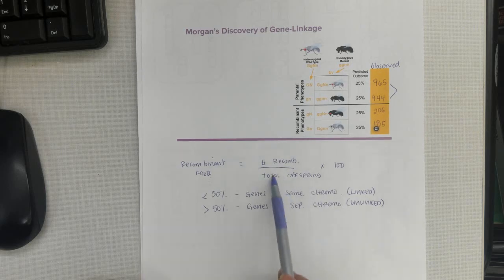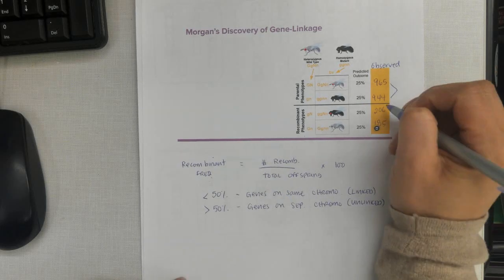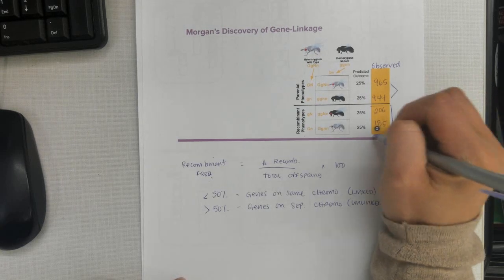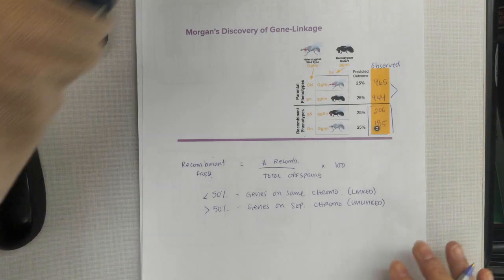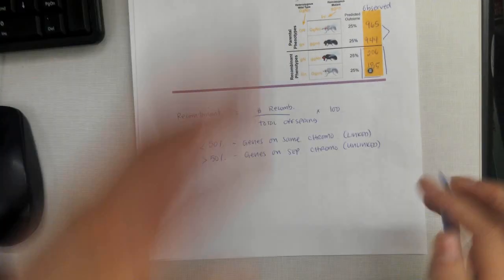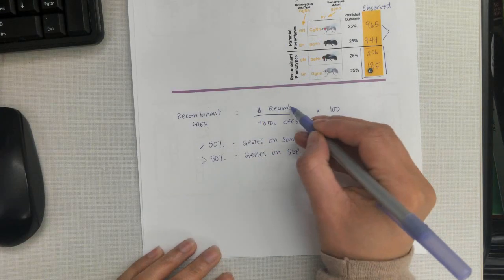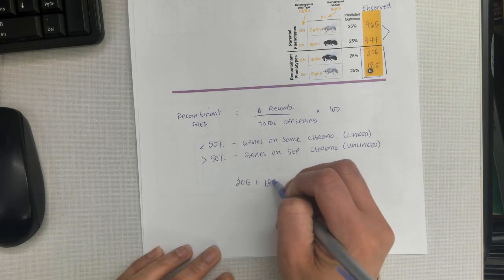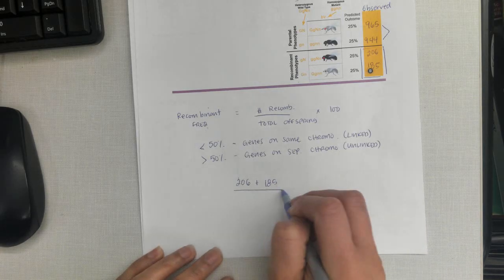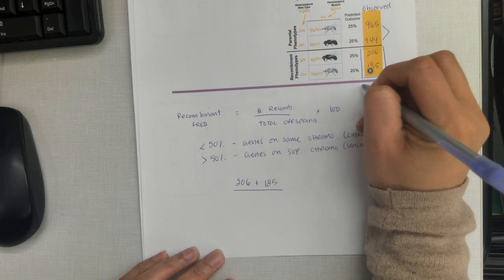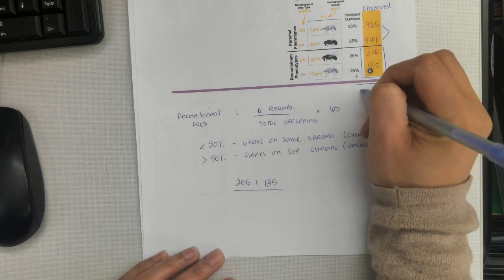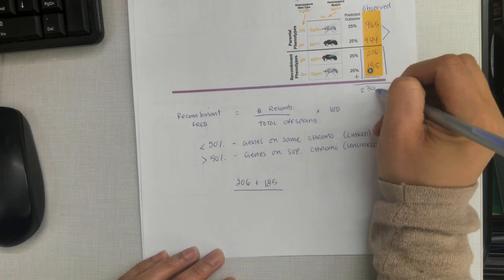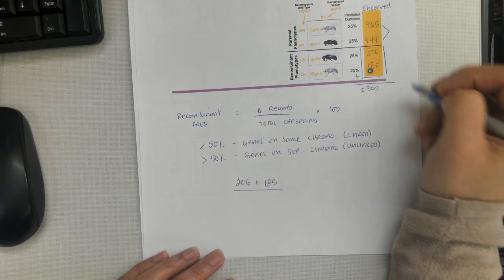So if we take a look at this information, we are going to focus only on the recombinant frequency. We have 206 plus 185 organisms out of the total, which was 2,300, I believe.